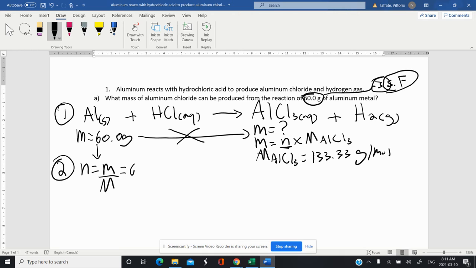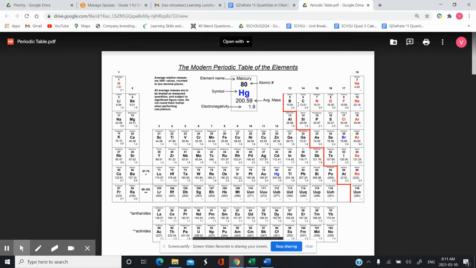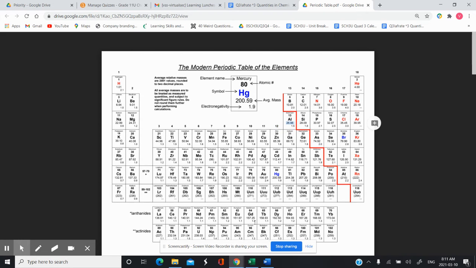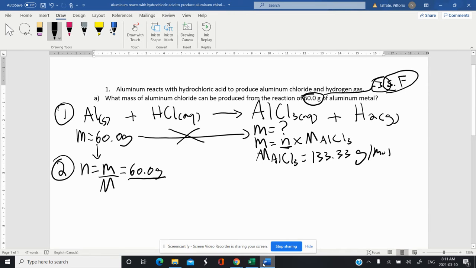And so the mass given to us is 60.0 grams divided by the molar mass of aluminum, which once again, just to show you where to find it in case you don't remember, is 26.98 grams per mole. So divided by 26.98 grams per mole.